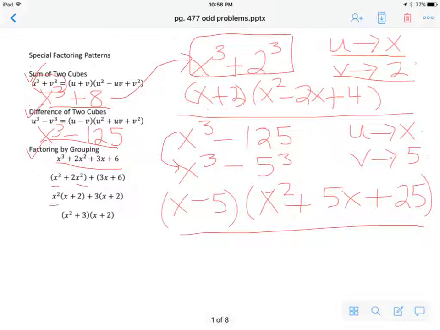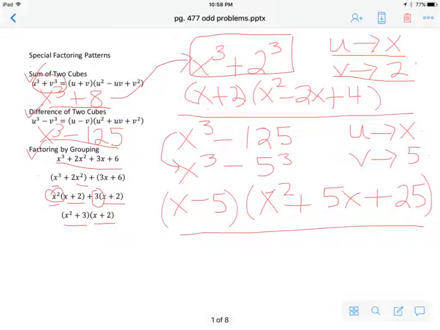Factor it out, divide both terms by x squared, and you're left with x plus 2 inside the parentheses. The second parentheses was 3x plus 6. Bring the 3 out, and you're left with x plus 2. That is a good thing when you have the same parentheses in both of them. You factor out an x plus 2, then take your x squared and your plus 3 and put those in a parentheses together. That is called factoring by grouping.